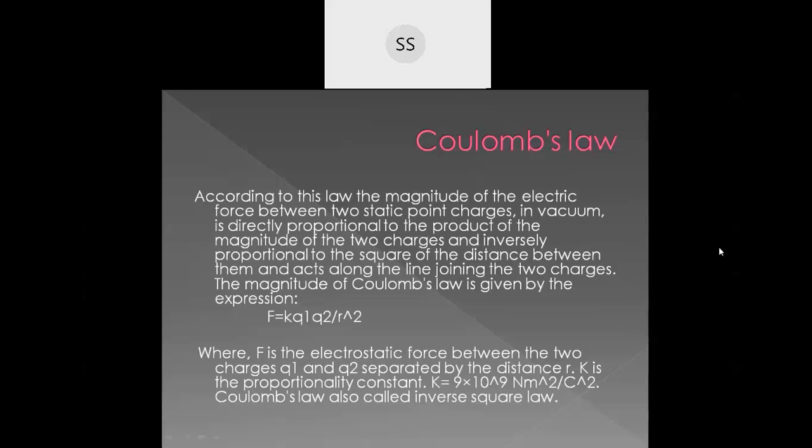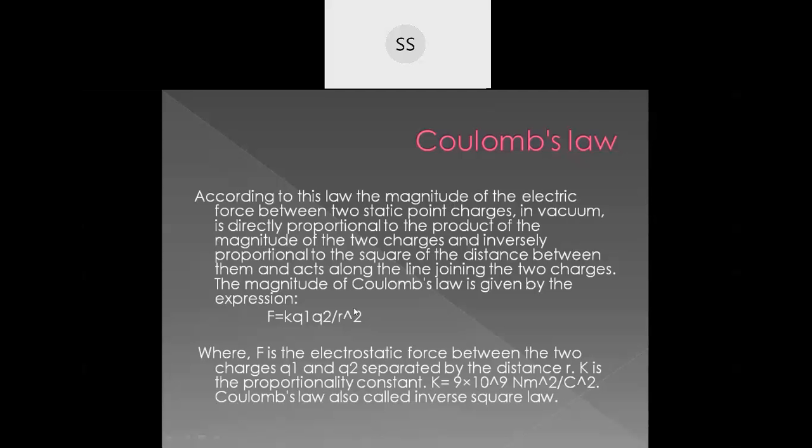According to this law, the magnitude of the electric force between two static point charges in vacuum is directly proportional to the product of the magnitude of the two charges and inversely proportional to the square of the distance between them, and acts along the line joining the two charges. The magnitude is given by F equal to k q1 q2 by r square.